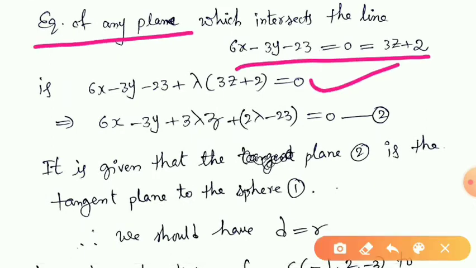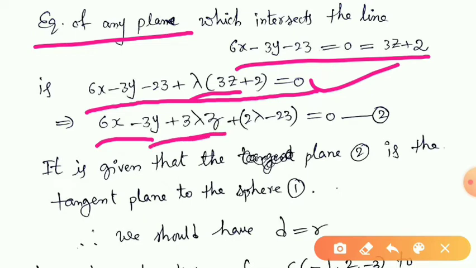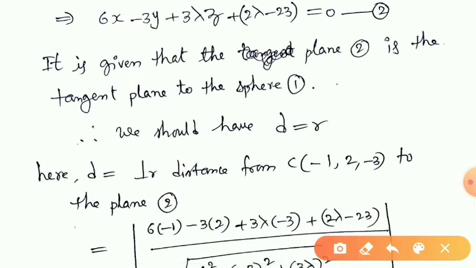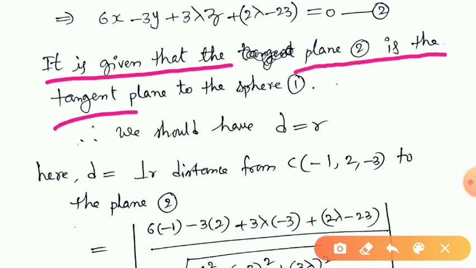So by applying this principle, the equation of any plane passing through this line can be written like this: 6x minus 3y minus 23 plus lambda into 3z plus 2 is equal to 0. That is 6x minus 3y plus 3 lambda z plus 2 lambda minus 23 is equal to 0. It is given that plane 2 is the tangent plane to the sphere.